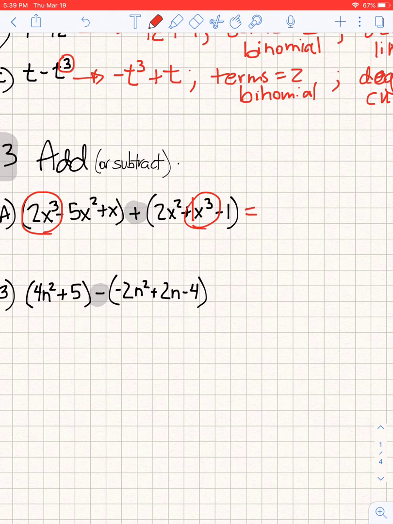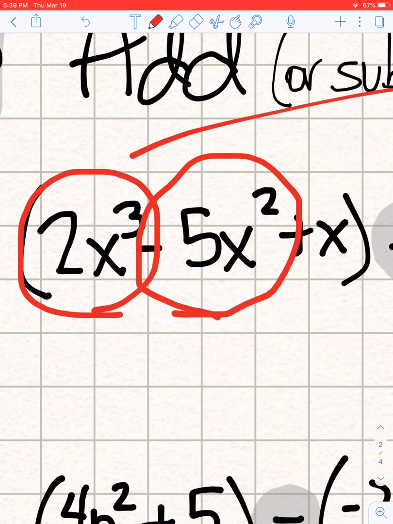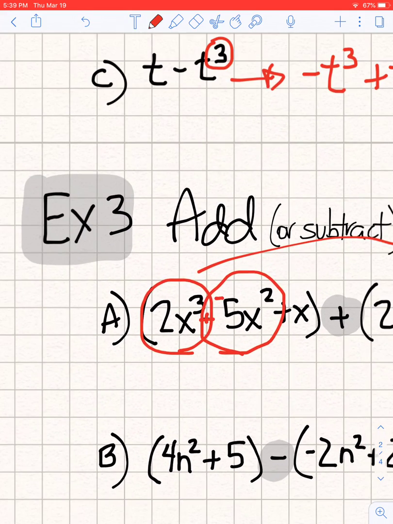Therefore, if I have 2 plus 1, I have 3x cubed plus. Next, I'm going to take my x squareds. Notice we have, looks like we've got 5. But if we stare carefully, we see that little minus sign there. So we're going to change that to plus negative 5.